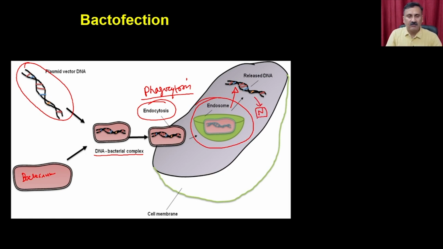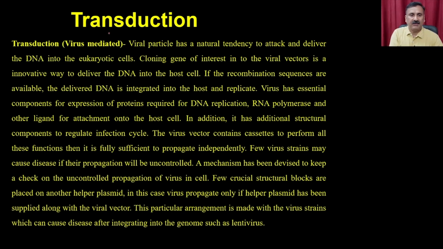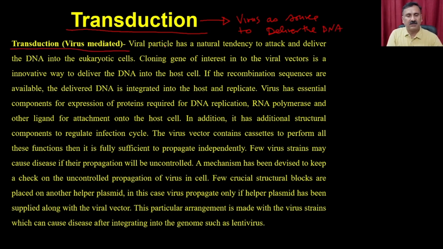Then we come to the last process, and that process is called transduction. So in transduction, you are going to use a virus as a source to deliver the DNA. So transduction is the virus-mediated DNA delivery into mammalian cells. A virus particle has a natural tendency to attack and deliver its DNA into the eukaryotic cell.